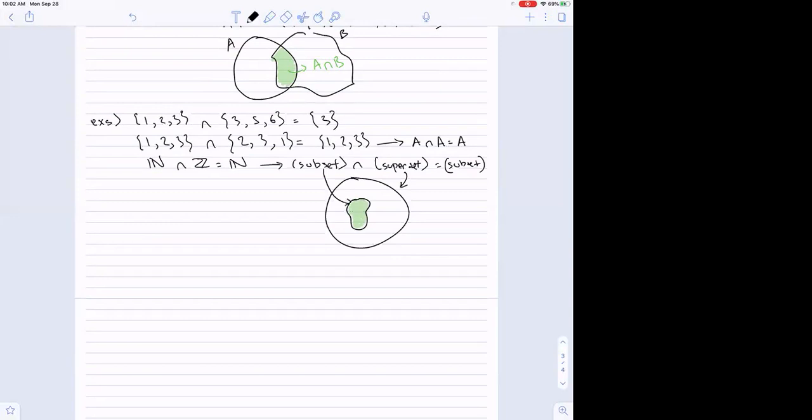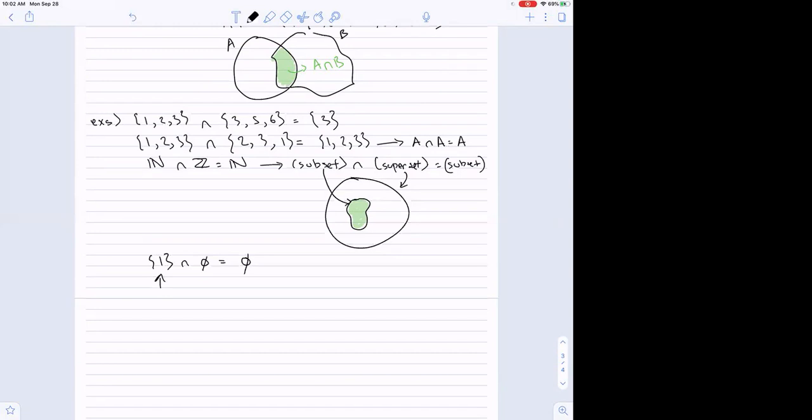Okay, so again, this is a similar example to before. If we do the set containing 1 intersected with the empty set, what do you think this set would look like? Would it be the empty set? Exactly, because the empty set doesn't have any elements, so the set containing 1 can't share any elements with the empty set, so it's the empty set.